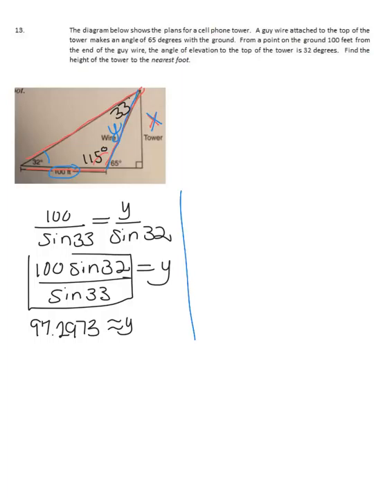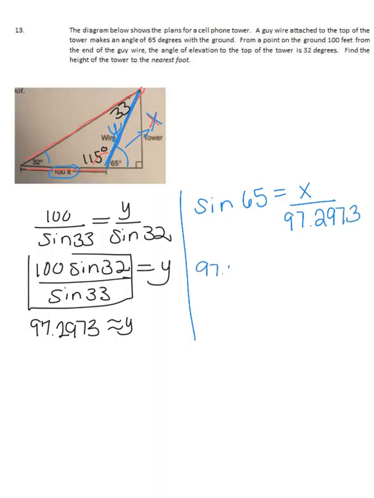Okay, so now I have a value for this length right here. So y is equal to 97.2973. With regard to this angle in this triangle, I have the opposite and the hypotenuse. So sine of 65 is equal to x, the height of the tower, over 97.2973.